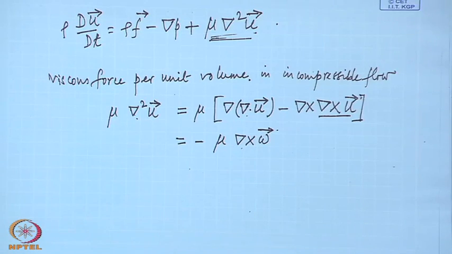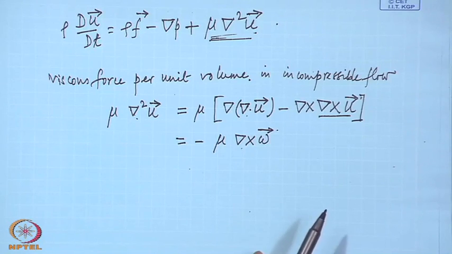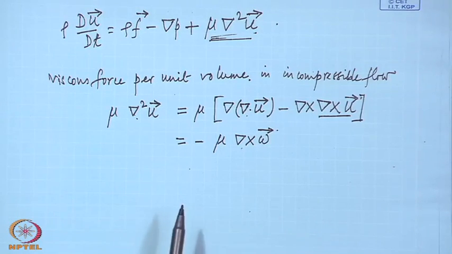So, this will be true that if vorticity is 0 or vorticity is uniform, then the viscous force per unit volume will have 0 magnitude, but the viscous stresses may be non-zero, but the viscous stresses will give a total viscous force of 0 magnitude.